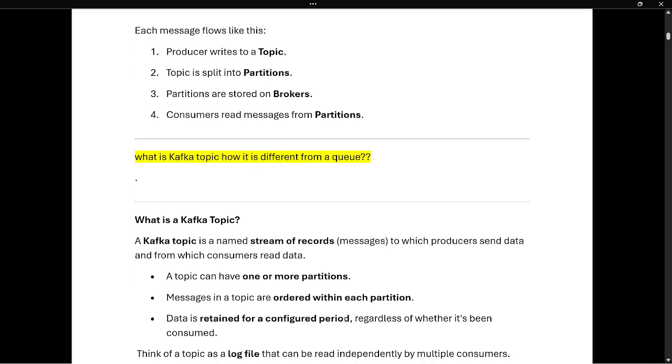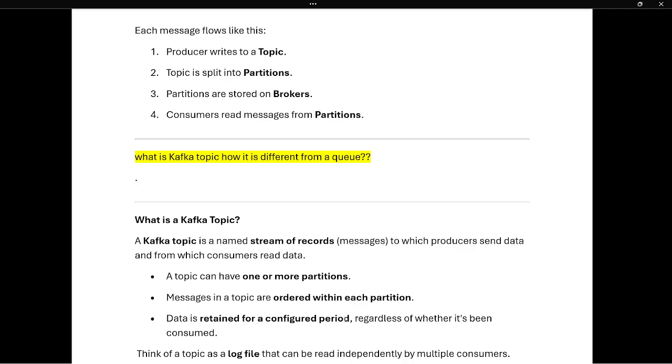A Kafka topic is a named stream of records to which producers send data and from which consumers read data. A topic can have one or more partitions. More partitions means more parallelism. Messages in a topic are ordered within each partition, so each partition's messages are always ordered. That's why Kafka guarantees ordered data.